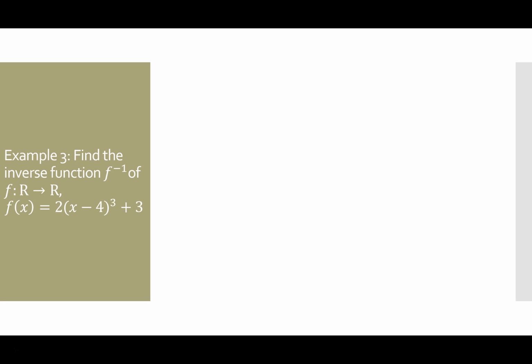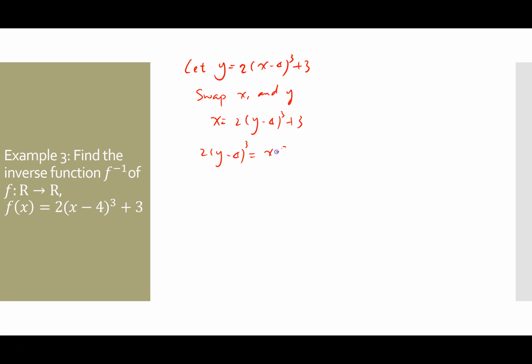All right. Then we want to find the inverse function for this cubic function. Again, we will let y equal 2 times (x minus 4) to the power of 3 plus 3. Then we swap the positions of x and y. So you have x equals 2(y minus 4) cubed plus 3. Then rearrange it to have 2(y minus 4) to the power of 3 equal to x minus 3.